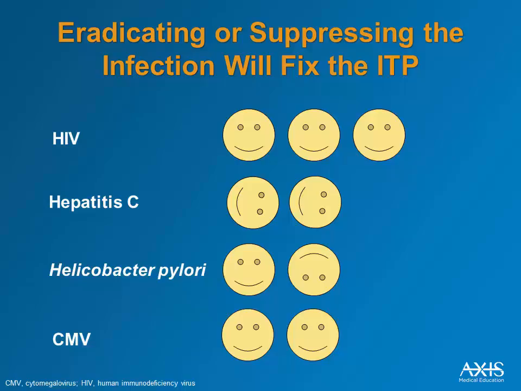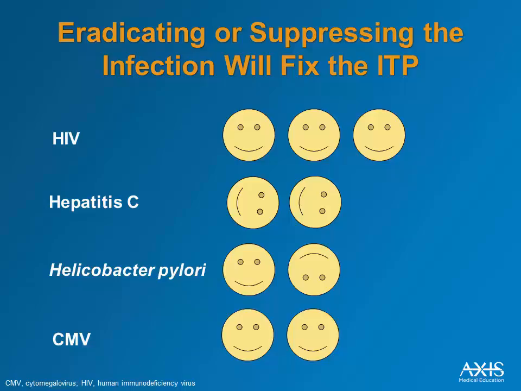However, in HIV, which has a thrombocytopenia that is in many ways similar to ITP, the HIV is a persistent infection, and while there is an active infection, the platelets may remain low. However, in a very high percent of cases, if the infection is suppressed and the viral load goes to 0, the platelets will go up, as indicated in the smiling faces.